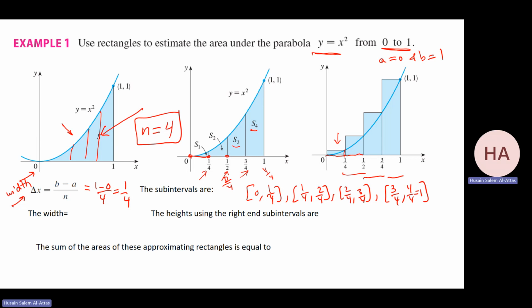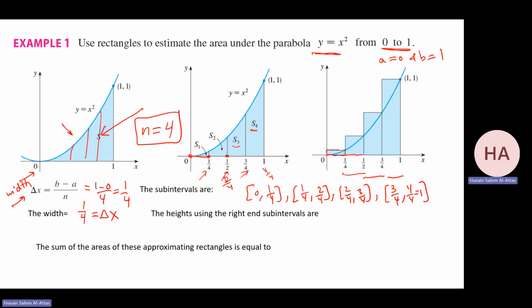Now, to estimate the area, not to find it, as I said, I will use these rectangles. So I need the width. The width is fixed, which is 1/4. Always it will be 1/4, which is delta x. The height, now I have two options.